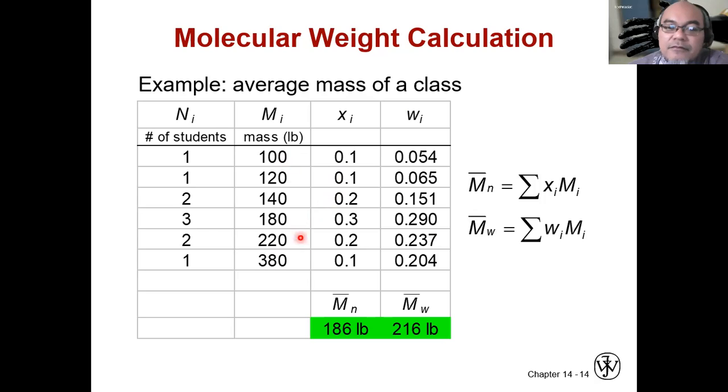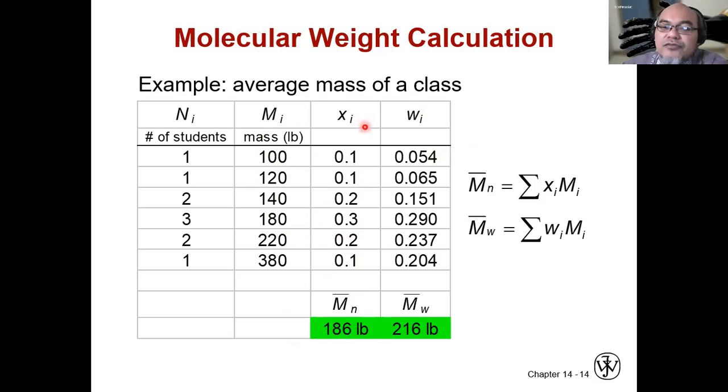So from here we will obtain the Mn, the average mass: 0.1 times 100, plus 0.1 times 120, etc., and then we'll obtain 186 pounds.